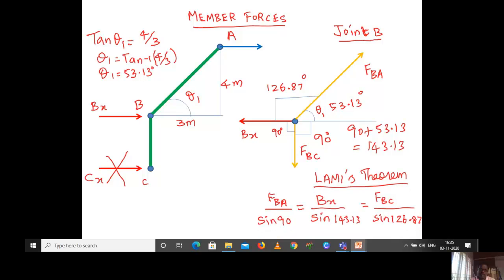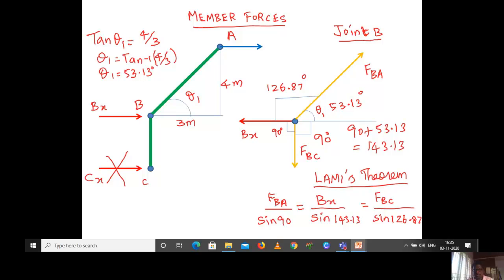First, I am taking the force FBA. The included angle of the remaining two forces, FBC and Bx, is 90 degree. So FBA by sine 90. Similarly, if I am taking the force Bx, I have to take the included angle of the other two forces, FBA and FBC. That included angle is 143.13, so I have substituted Bx by sine 143.13.